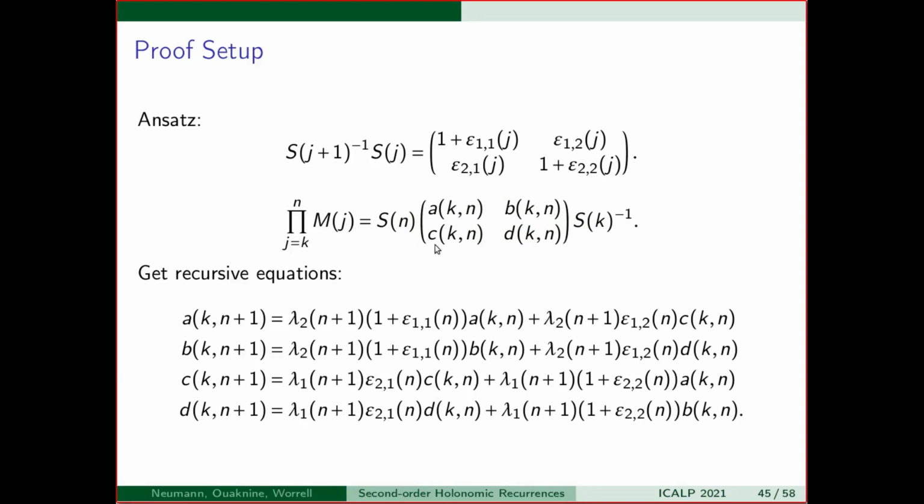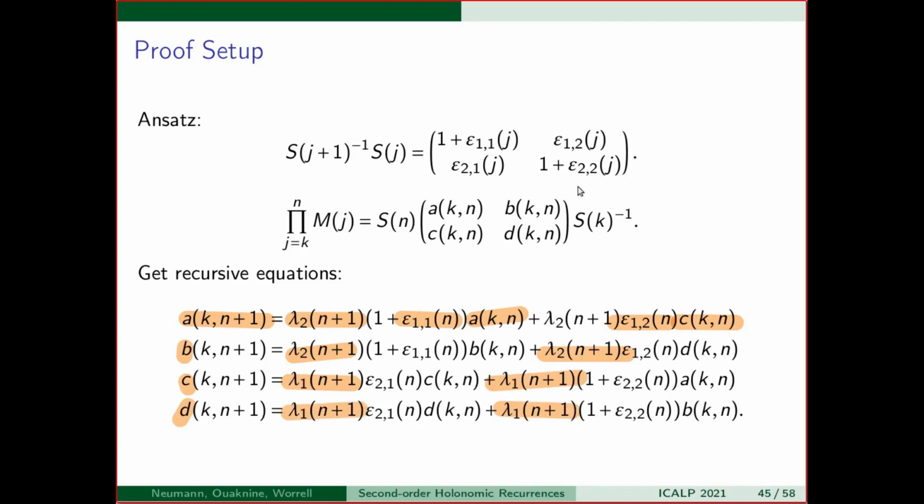I don't expect you to parse these equations in detail. Just note that for each matrix entry, we get a linear equation in terms of the previous matrix entries that has coefficients that involve the eigenvalues and these error functions. And also note that A and B involve the small eigenvalues, and the equations for C and D involve the big eigenvalues.